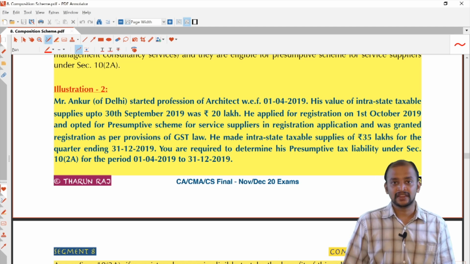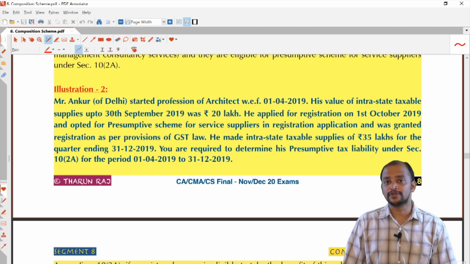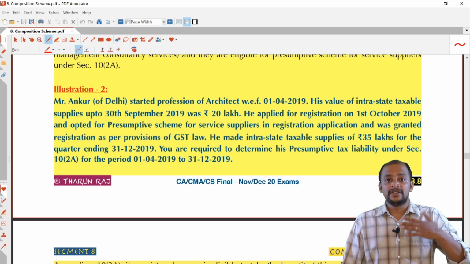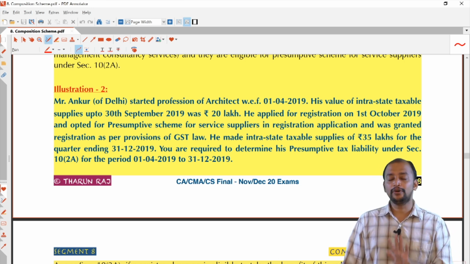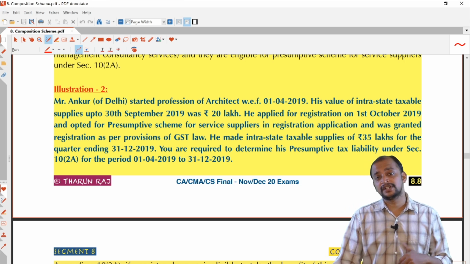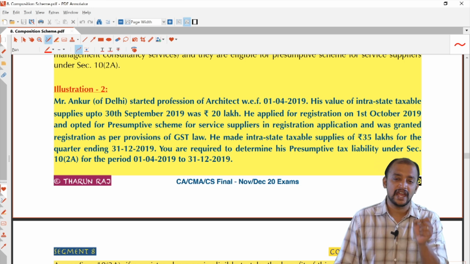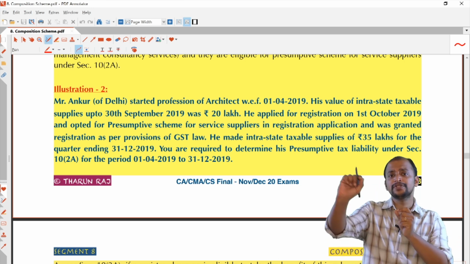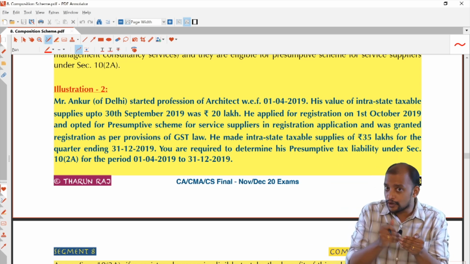I told you, there are two ways in which you can enter into the composition scheme. First, you need to register and then you need to go into the composition scheme. Suppose at the time of registration itself, if you want to enter into the composition scheme, in the registration application we have an option. What is that option? Select composition scheme. So you parallelly get registered and you are into composition scheme.